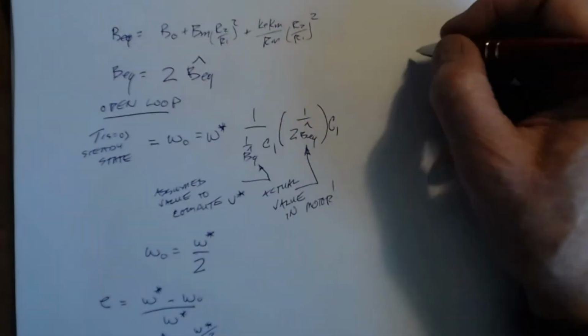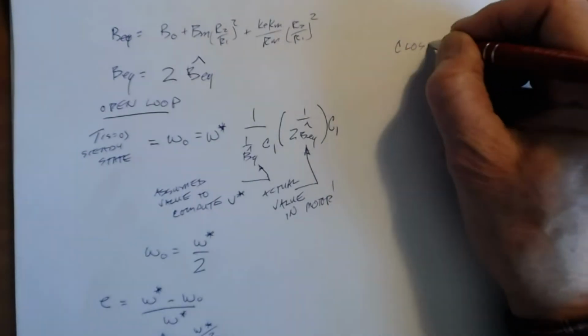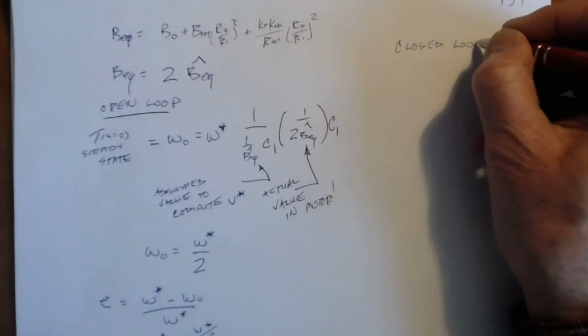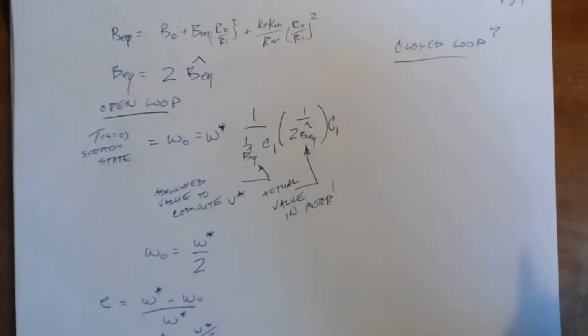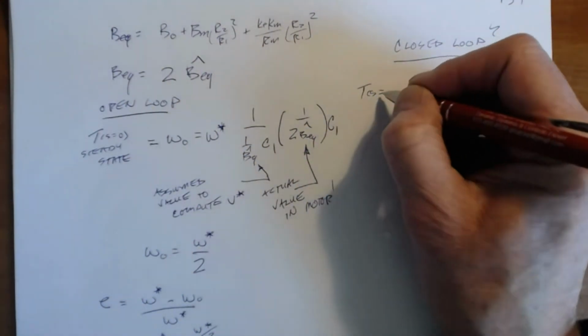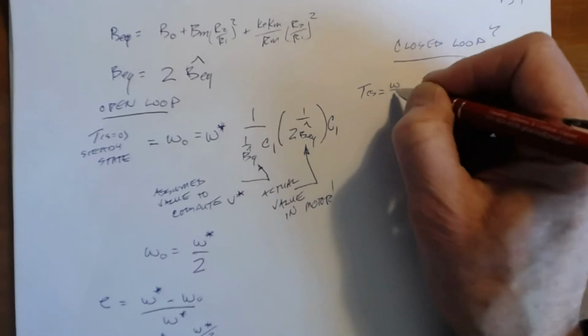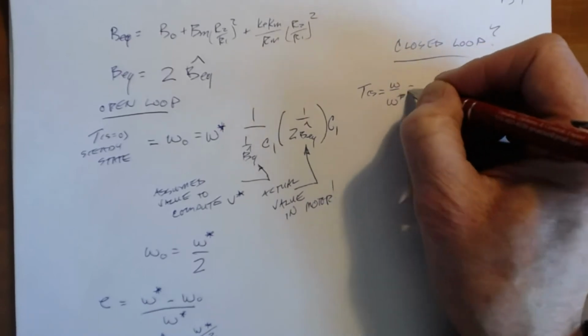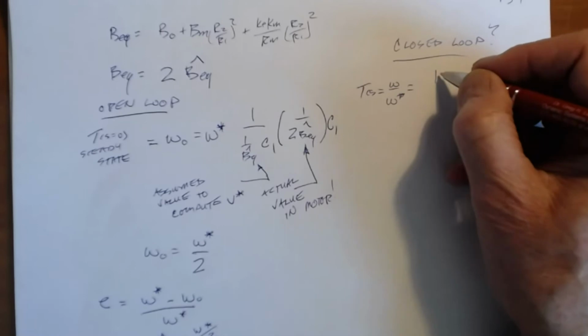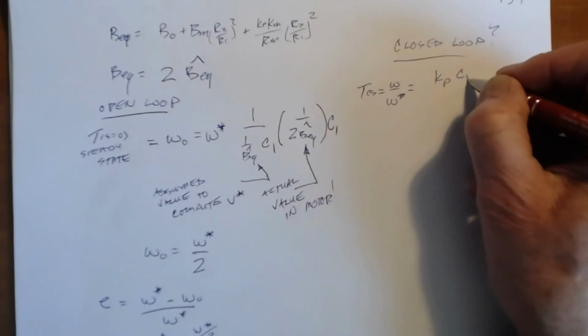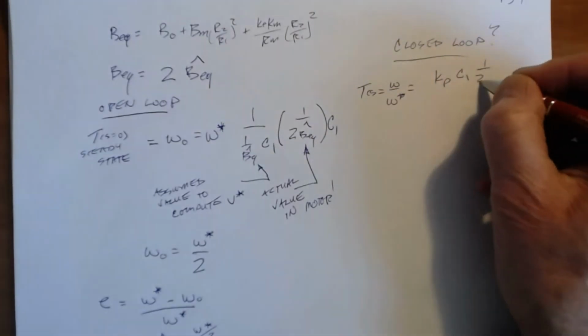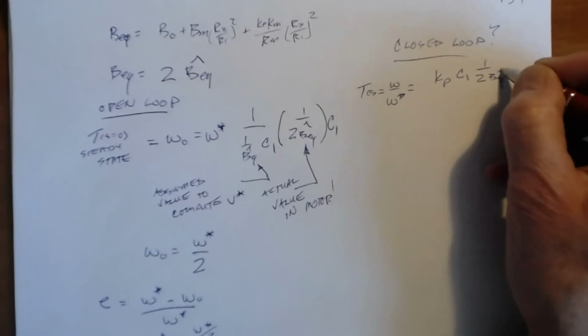But what about with closed loop? Well, why don't we look at that? We already know what the transfer function for this is. The closed loop transfer function is omega over omega star, and that's going to be Kp C1 1 over 2 B equivalent hat.